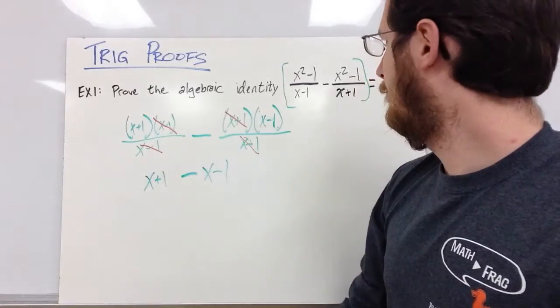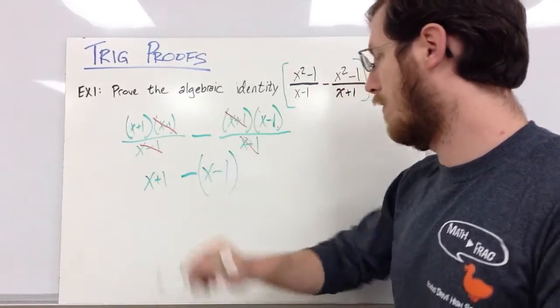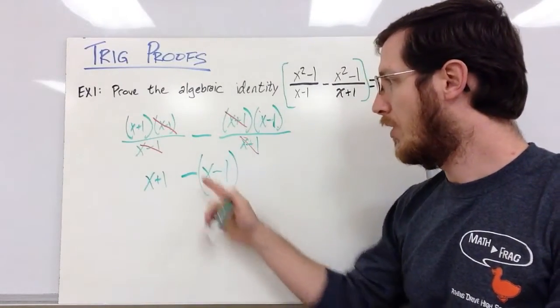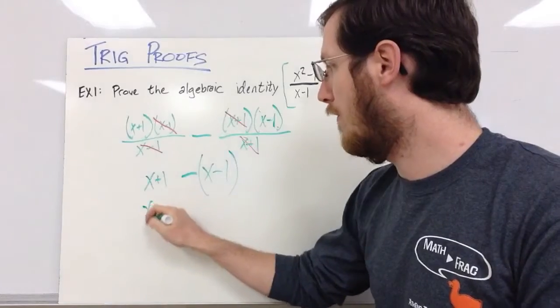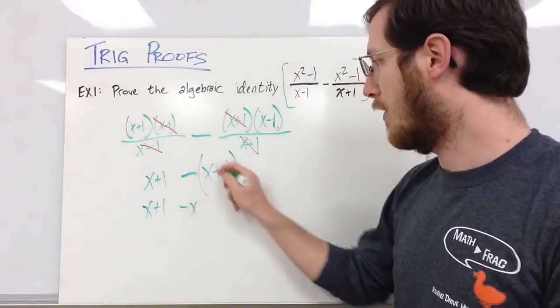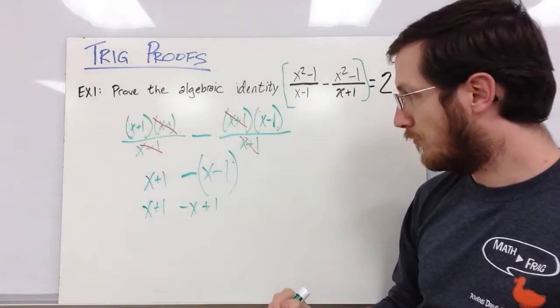So we're subtracting, and we've got to be careful here, Mr. Flory, that we're subtracting all of x minus 1. So if we want to distribute that subtraction, then we've got x plus 1, we bring it down. We're going to subtract x, and we're going to subtract a negative 1, which is the same thing as adding a positive.